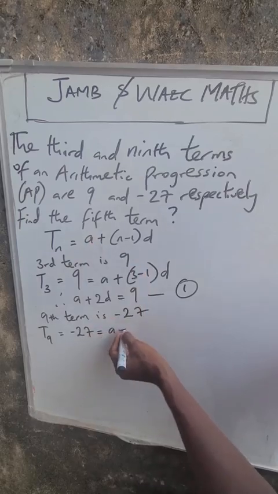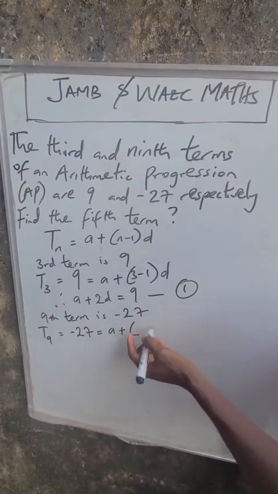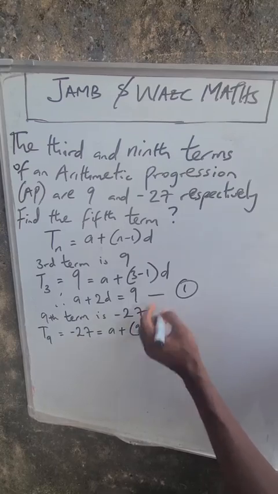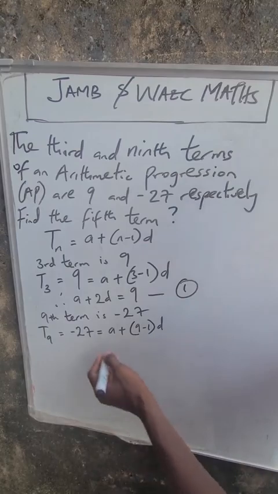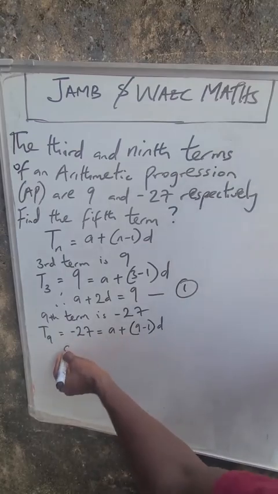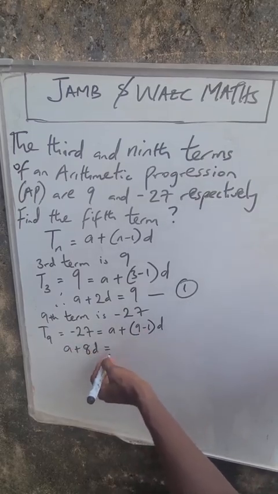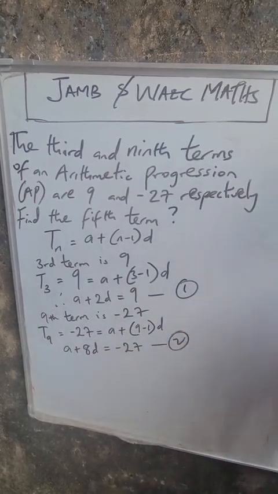We don't know the first term of this sequence, plus, open a bracket, our n, mind you, is 9. You have 9 minus 1, then multiply by d. So this is a plus 9 minus 1 is 8, you have 8d, and this is equal to minus 27. So let's call this equation 2.